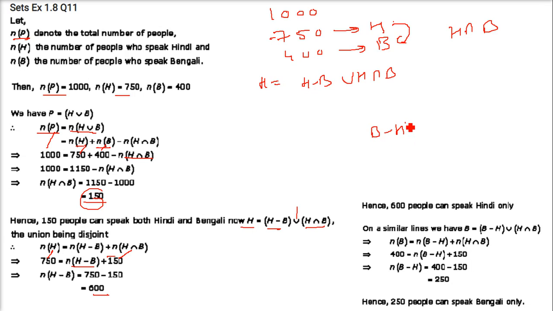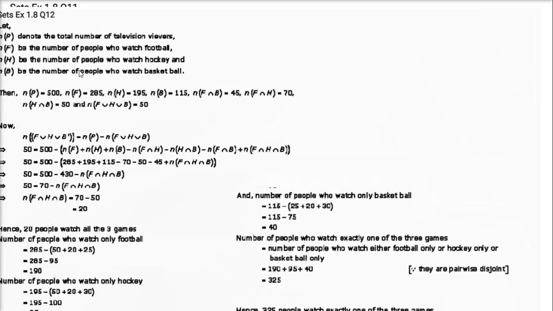For B minus H, B can be written as B minus H union H intersection B. So NB is N of B minus H plus N of H intersection B. This is 400, this is 150, so B minus H is 400 minus 150, that is 250. 250 people can speak Bengali only.